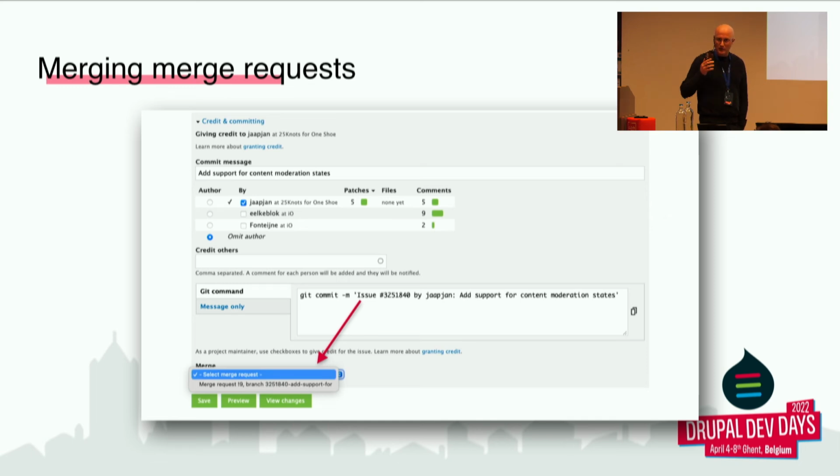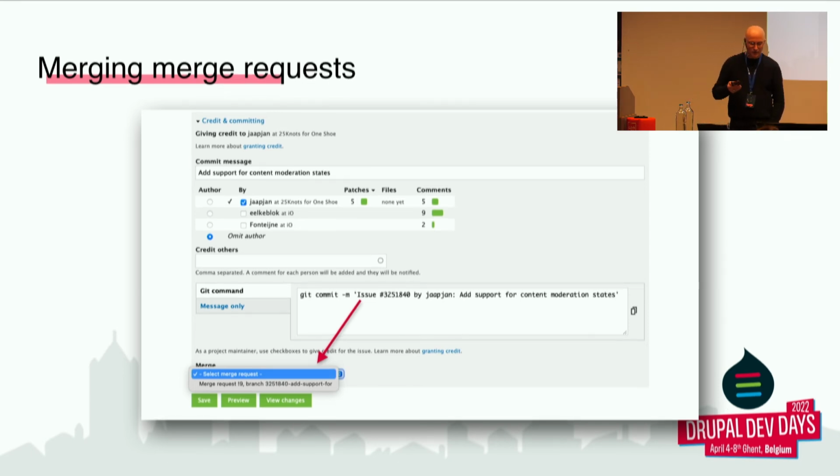Also good to know that these comments that you put into Gitlab will also be shown in the issue on Drupal.org itself. So even though it won't have the code context, you can actually see that somebody has been submitting comments, and you can go into the merge request itself to see what they were talking about.